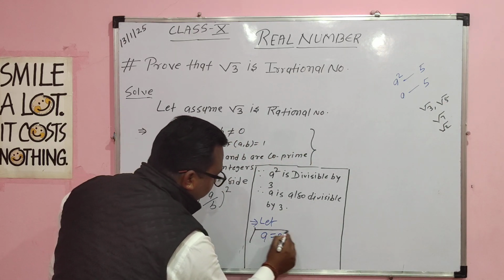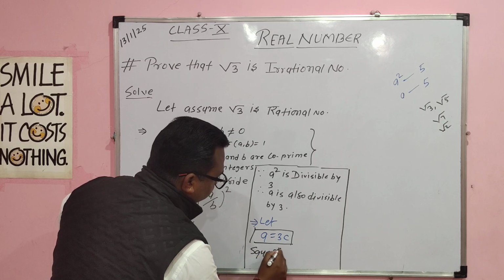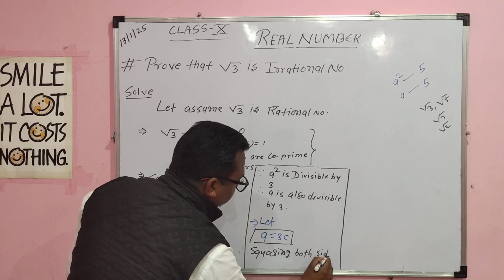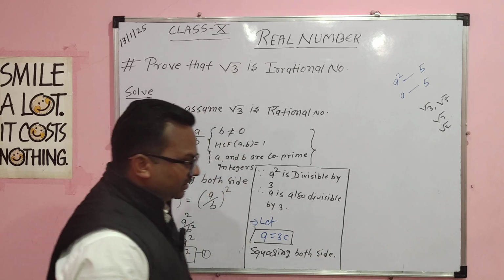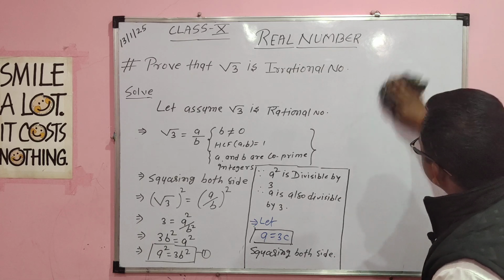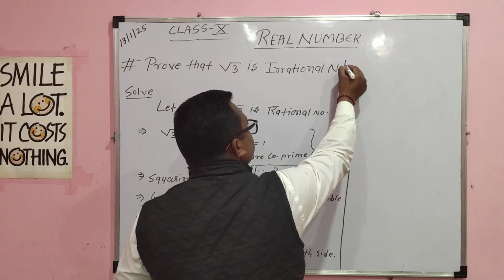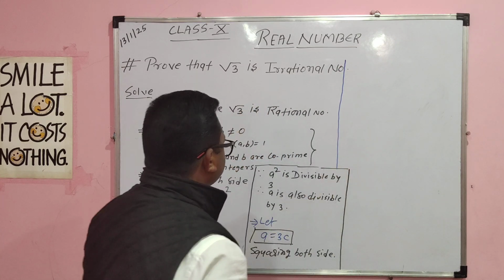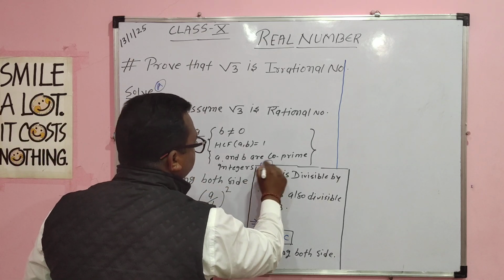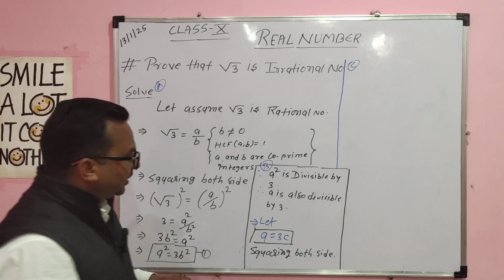The next step is squaring both sides. How many sides are there? Left hand side and right hand side. That is the first part, this is the second, this is the third. Squaring both sides.